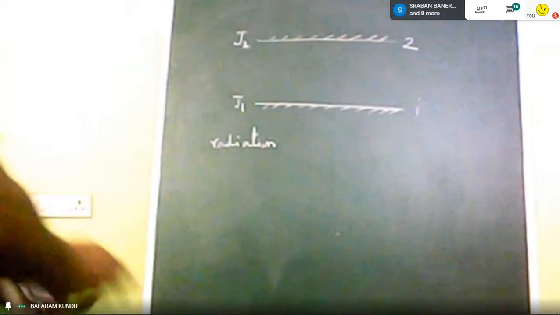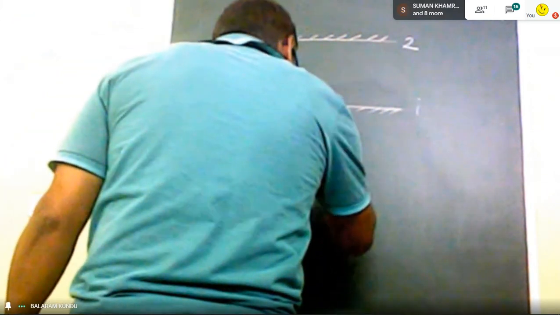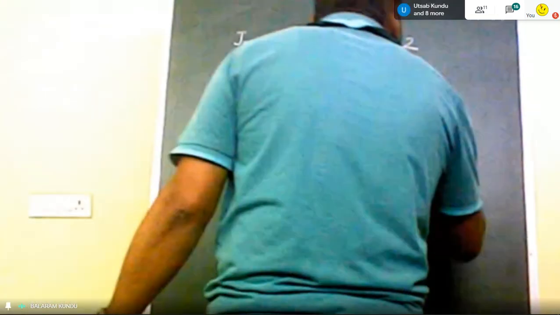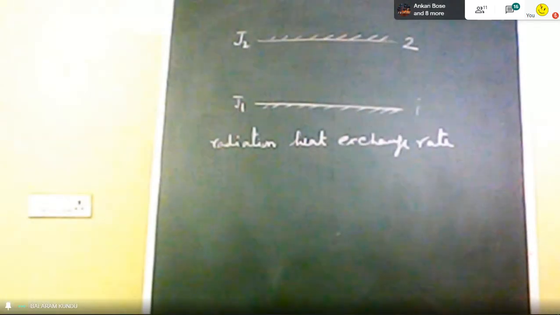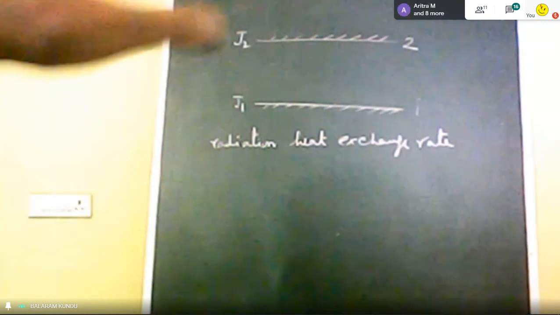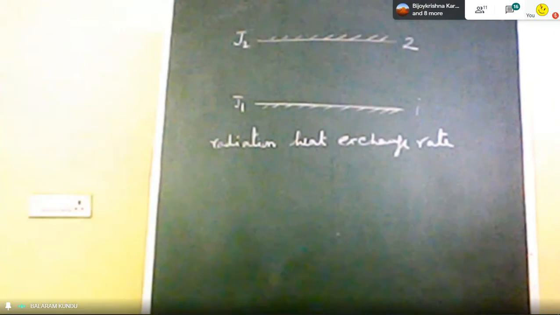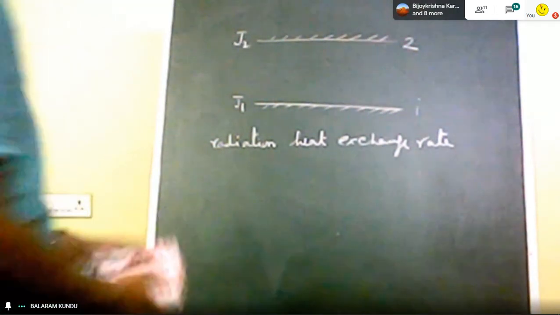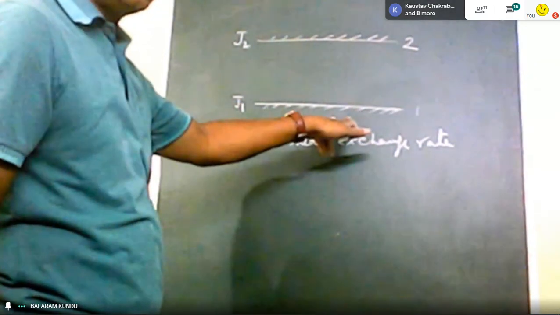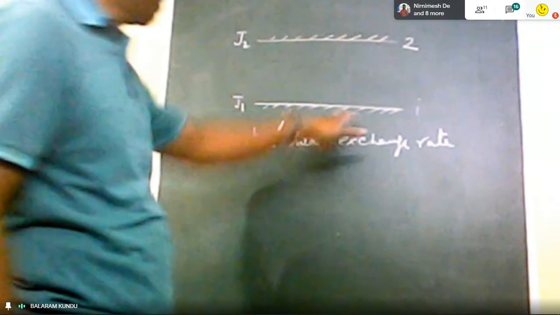Here you see the radiation heat transfer rate. Better, remove the heat exchange. Better here you write radiation heat leaving surface 1 that strikes surface 2. That will be better for understanding.